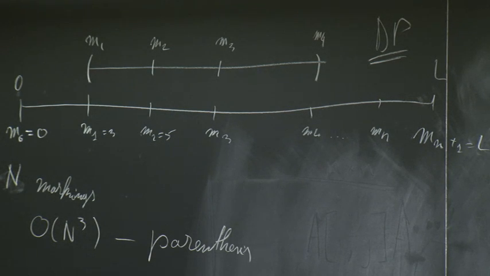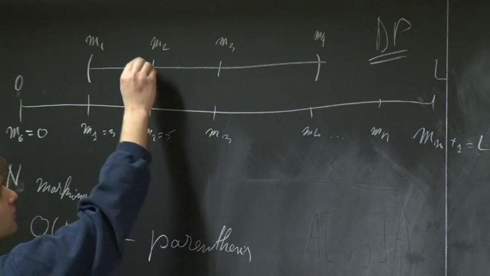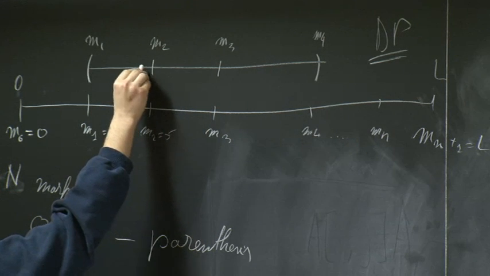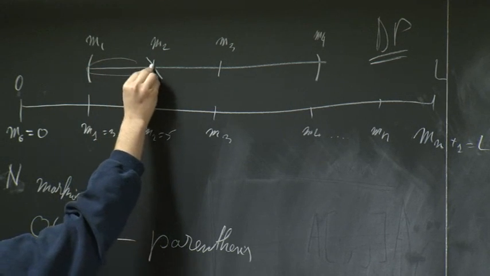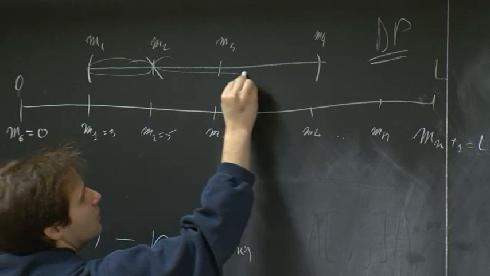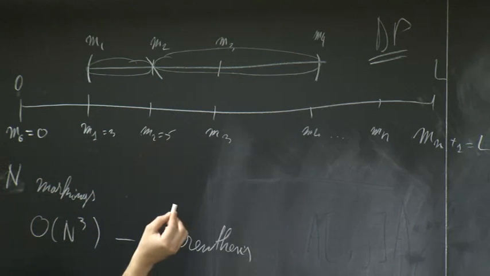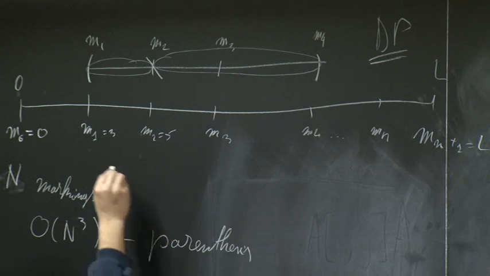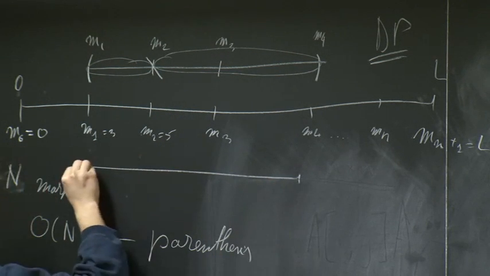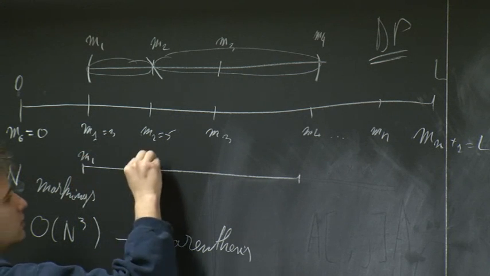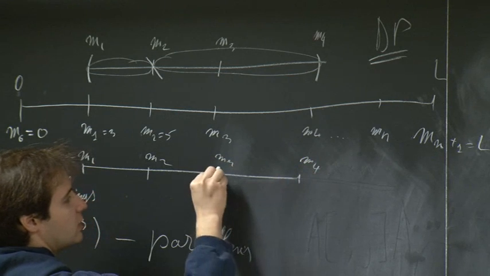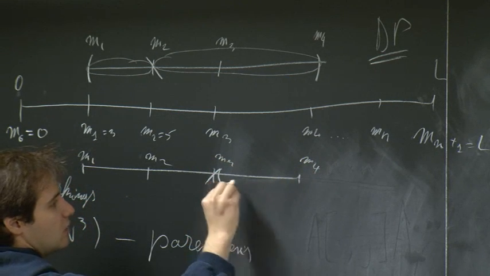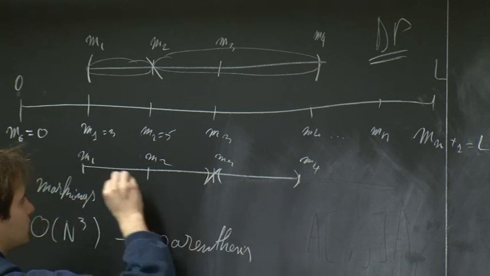Exactly. So in order to cut this up, I can either make a first cut at M2, and then I recursively cut this and cut this. Or the other alternative is take the same M1, M2, M3, M4, cut it at M3, and then recursively cut this and recursively cut this.